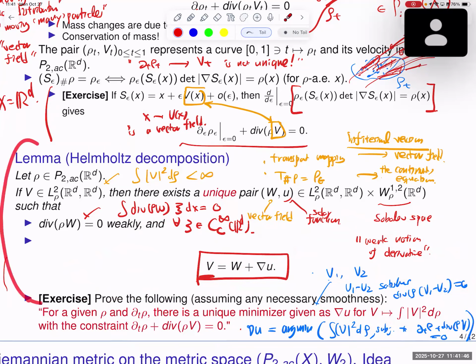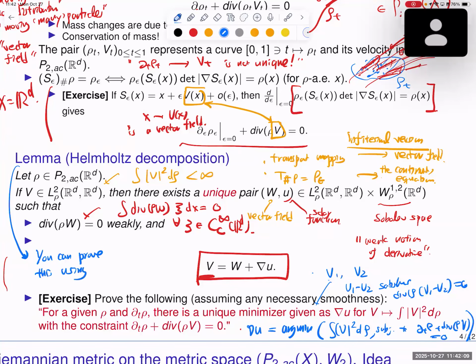In fact, you can prove the Helmholtz decomposition in kind of a backward way using Brenier's theorem. You can prove this using Brenier's theorem if you really want.